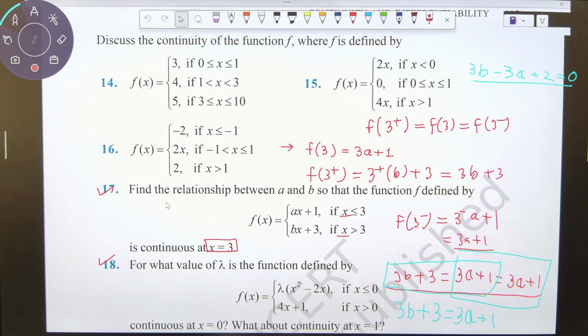Take your hands away. Yes, Shikhar Dhawan, tell me. Any doubt? No doubt, na? Understood?